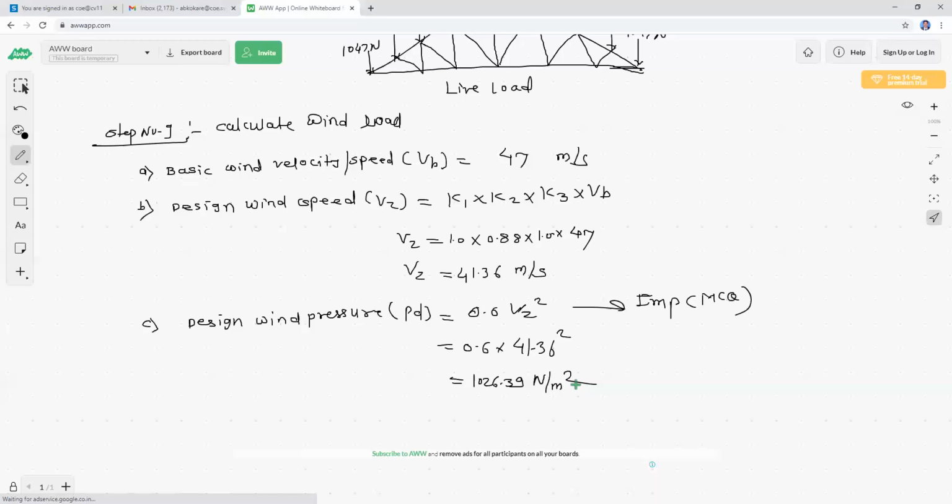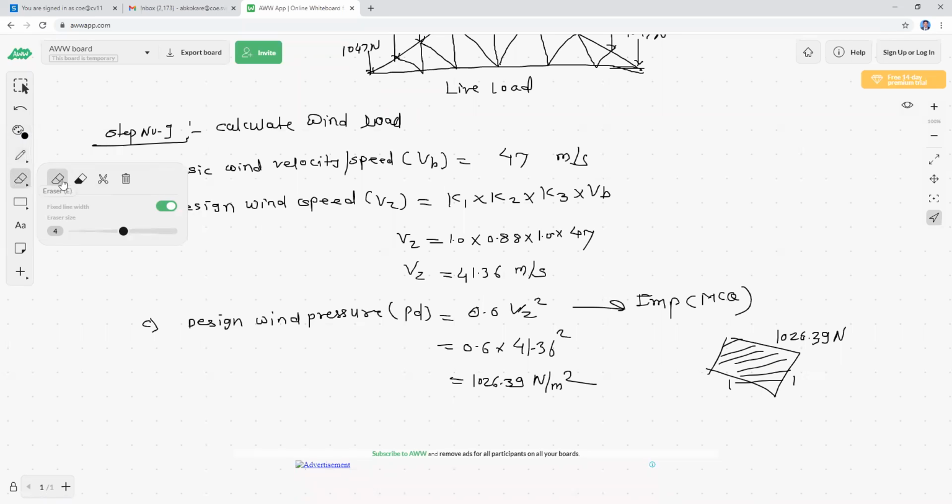It means on this 1 meter square area, 1026.39 Newton force will be acted by the wind. Okay, so this is the wind pressure.